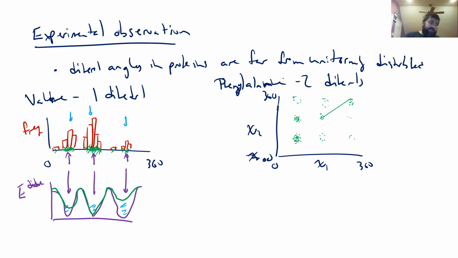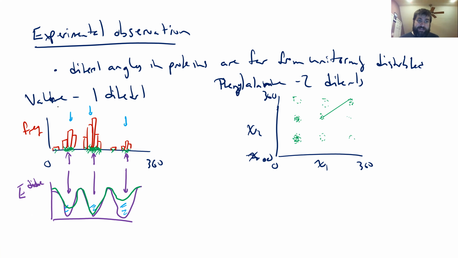Why does this matter? This matters because this helps us to have an informed discretization that does not have very many states. So perhaps we can choose a discretization that focuses our attention in these regions.